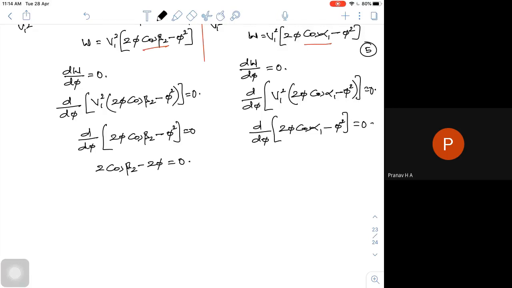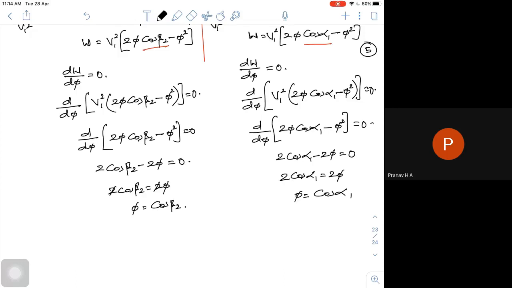Your cos beta 2 will be, 2 cos beta 2 is equal to 2 phi, or I have a condition, your phi will be equal to cos beta 2. So similarly, if I do here, it will be 2 cos alpha 1 minus 2 phi is equal to 0, or 2 cos alpha 1 is equal to 2 phi, or your phi is equal to cos alpha 1.